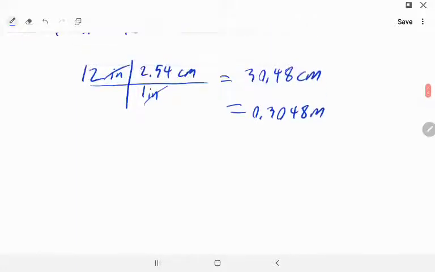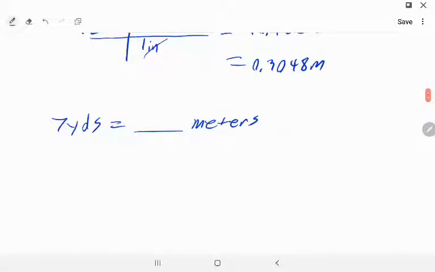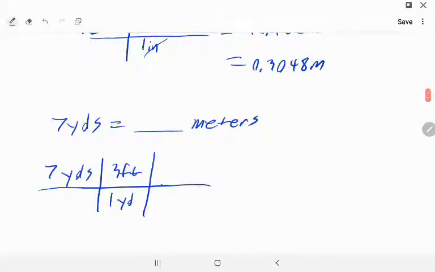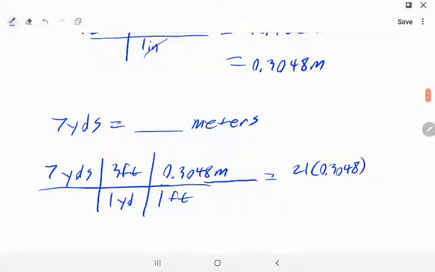So if we wanted to know 7 yards equals blank meters, we first start with the 7 yards. We know 1 yard is 3 feet, and then we know that 1 foot is, we just got done saying, 0.3048 meters, and so we're going to get 21 times 0.3048 meters.